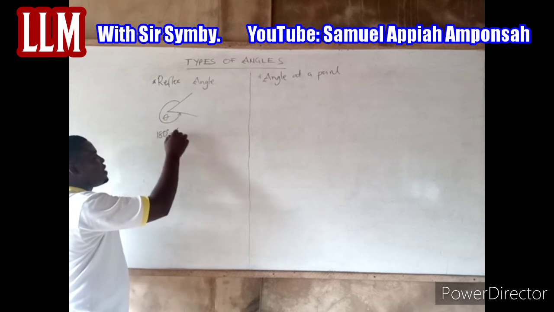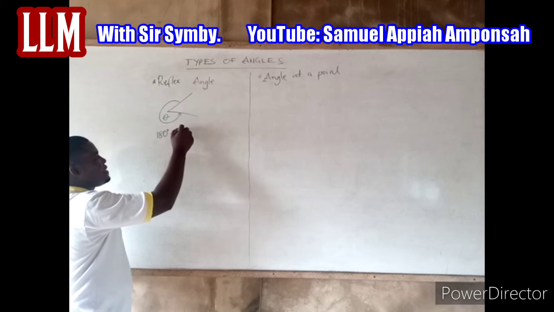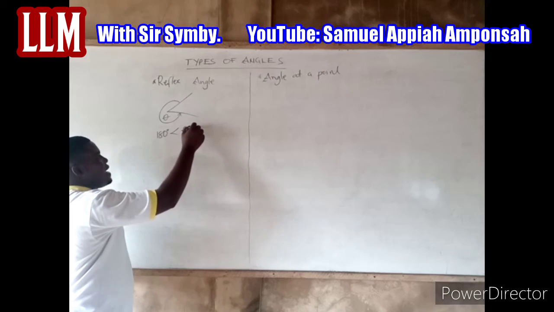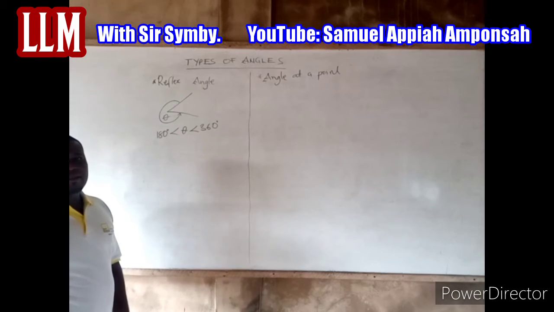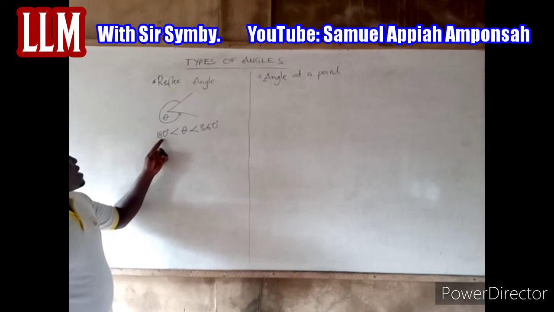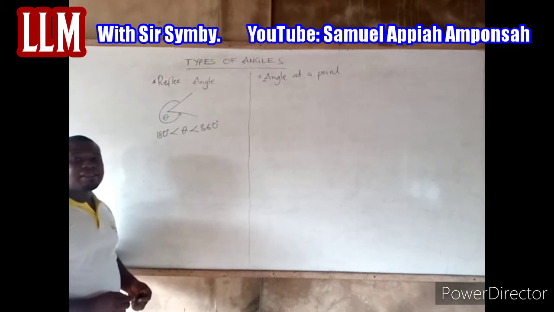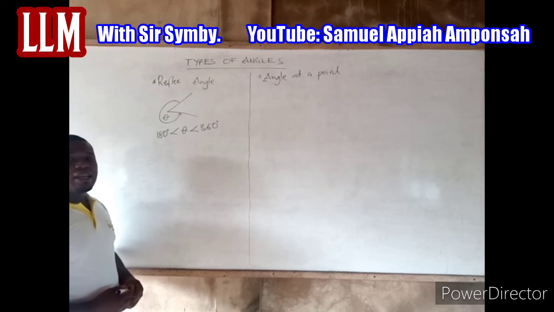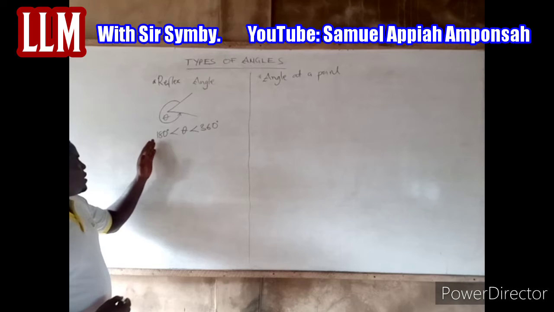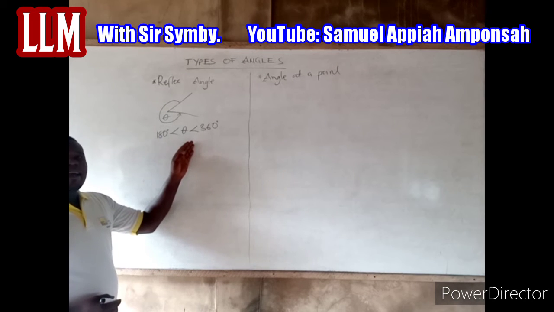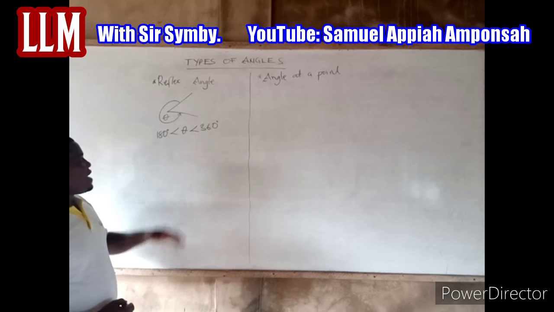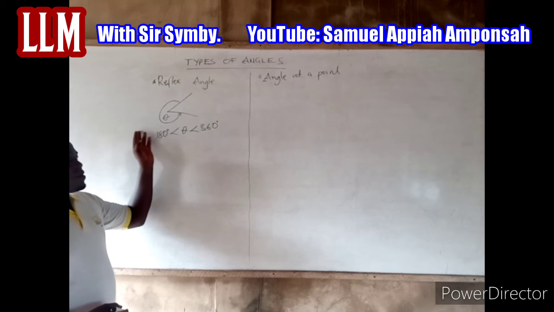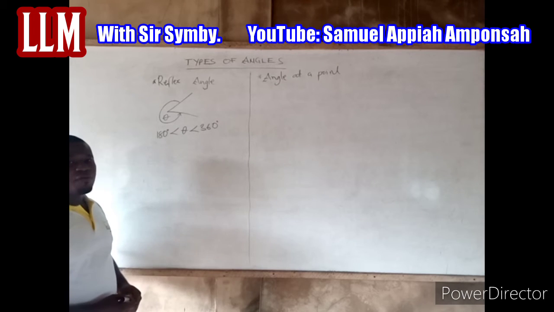Angle theta is going to be greater than 180 degrees, but less than 360 degrees. And so any angle found within this perimeter is a reflex angle.